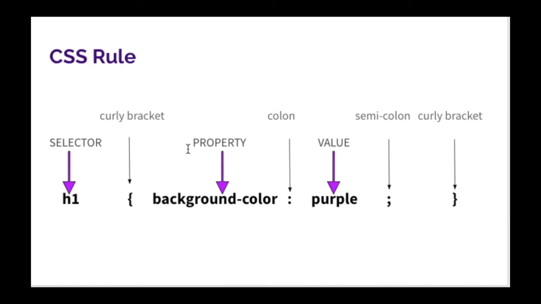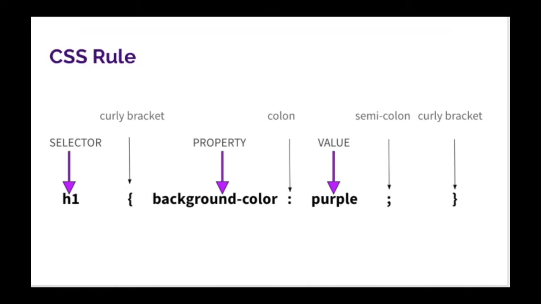Now we want to indicate the property. So what is it that we want to style? In this case, I've chosen to style the background color of the H1 line. So we say background hyphen color.